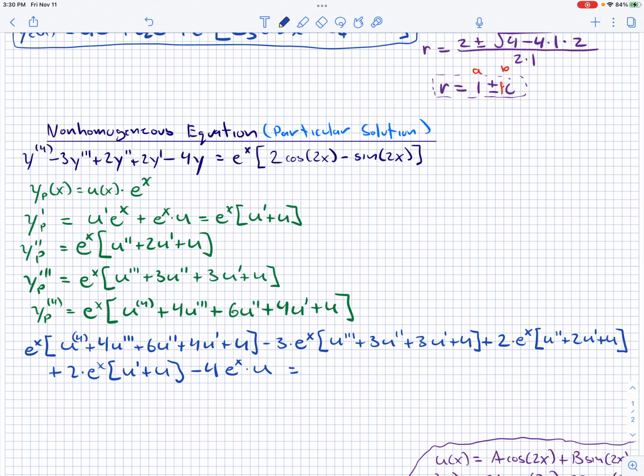And that is equal to the right side, which is e to the x times 2 cosine of 2x minus sine of 2x.